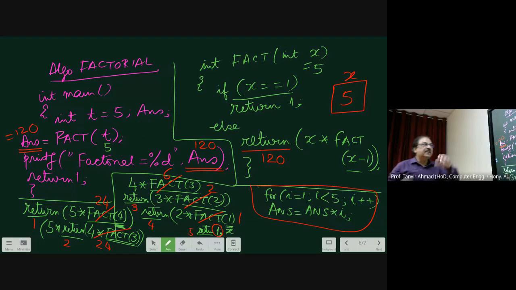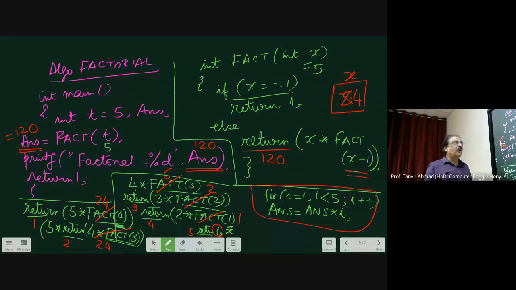Once another call to this function comes, x gets the value x minus 1, that means you are changing the value of x to 4. What will happen is you are going to erase this value 5 and write 4.